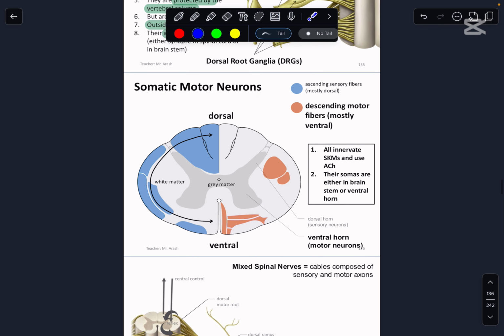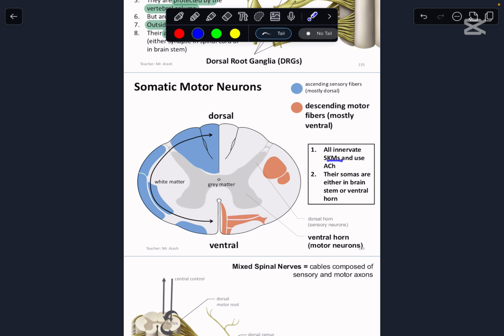So I'm not going to talk in too much detail. The blue areas are ascending sensory, mostly dorsal, and the descending ones are motor and mostly ventral, as you can see, mostly in the front. These are mostly in the back, relatively, right? I mean, this is somewhere in here.